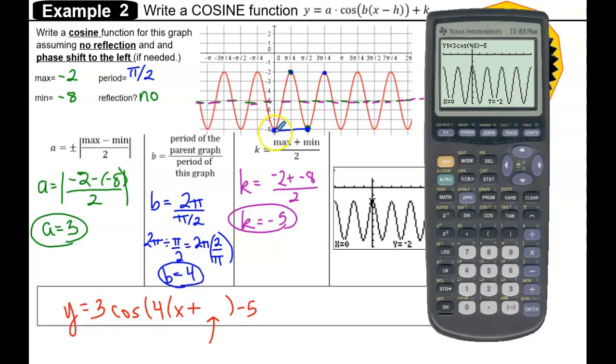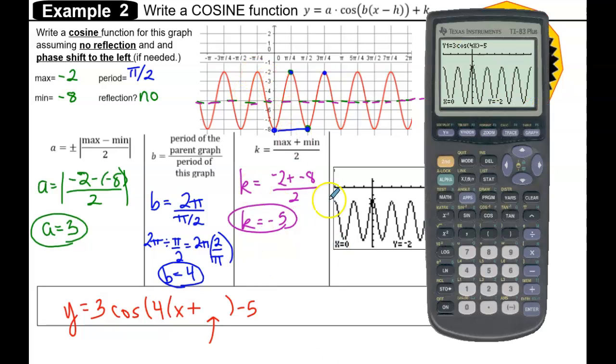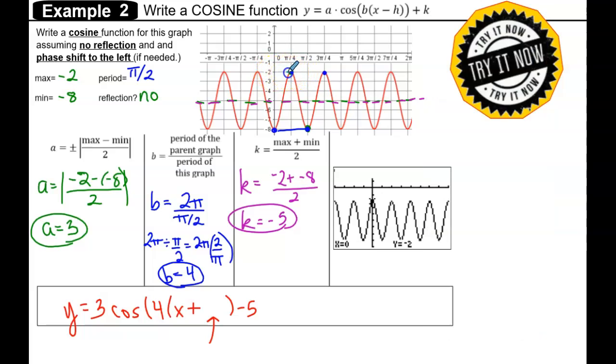Now, the -8 is a minimum, the -2 is a maximum, and if I have a phase shift to the left, like the problem says, then that means I'm going to need to take this point and move it to the left pi over 4 units, so that this -2 would now be on the y-axis. So I'm going to make that phase shift pi over 4.